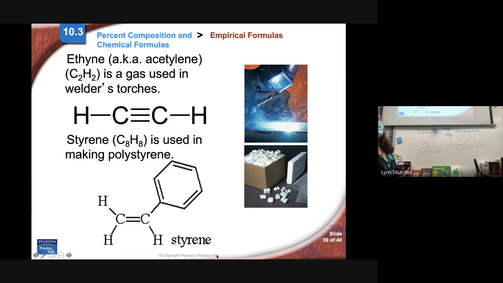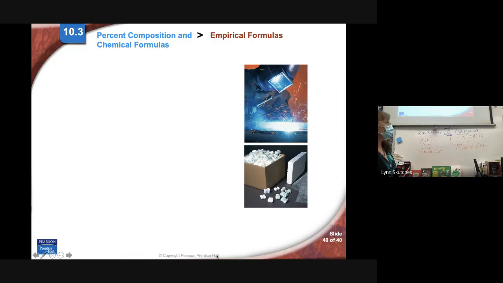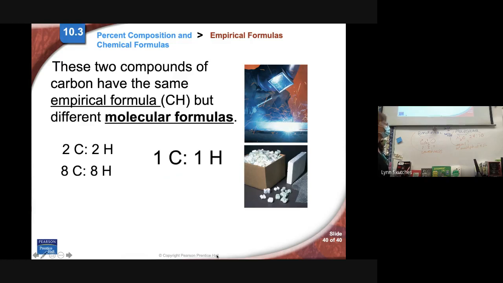2 to 2, 1 to 1. And 8 to 8 is 1 to 1. So their empirical formula is identical. Their molecules are not, as you could see from their structure, which you don't have any way of knowing how to figure out yet. It's okay. So empirically, it's 1 carbon for 1 hydrogen.